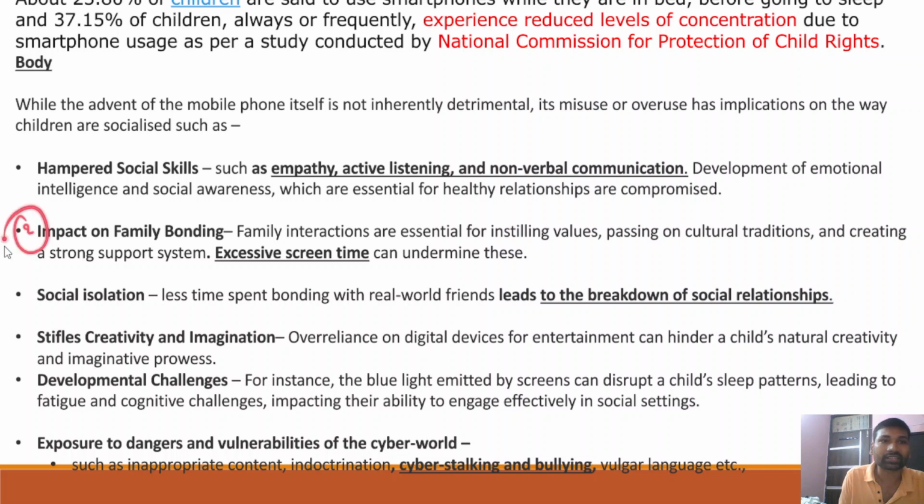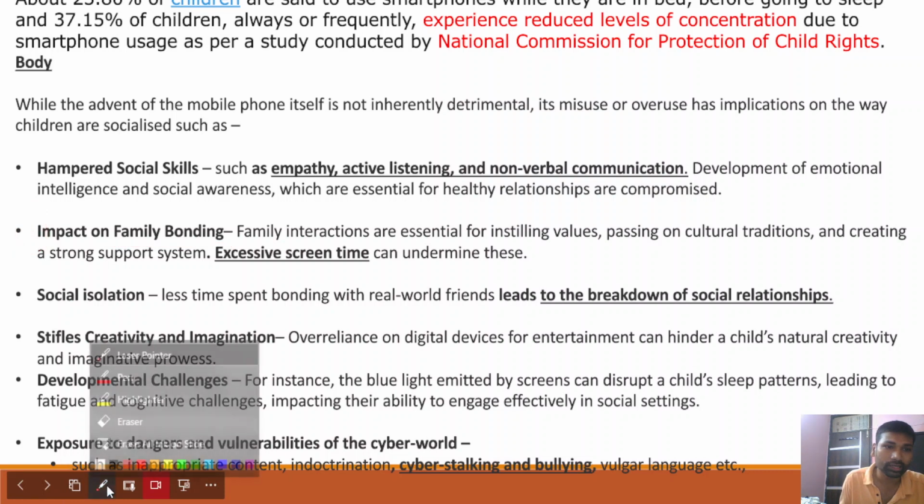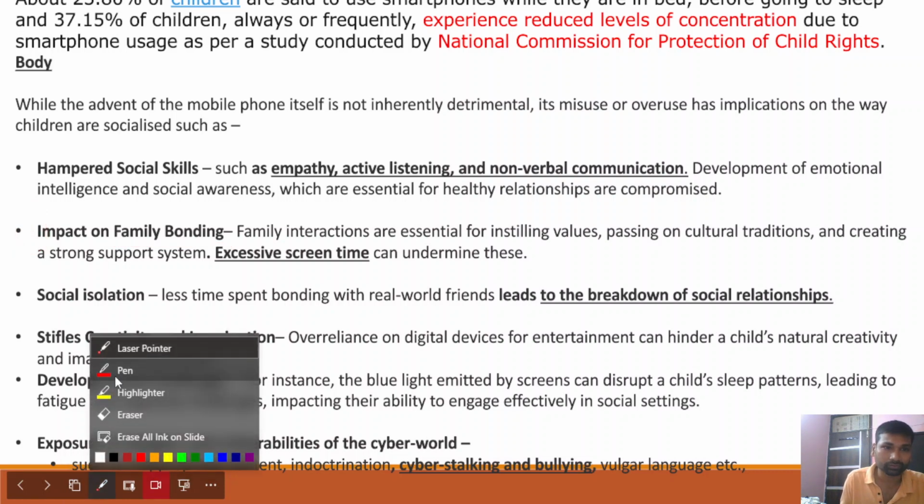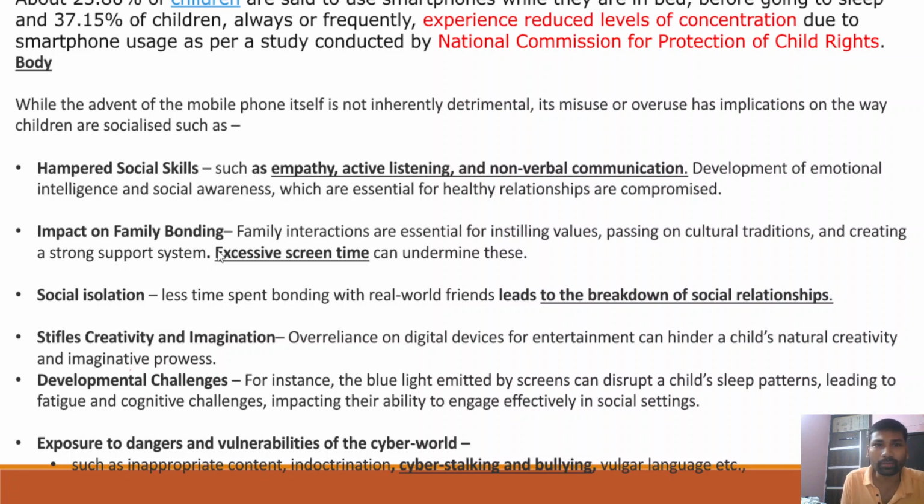Secondly, it impacts family bonding as well. This is also a very important aspect. How does it impact family bonding? Because family interactions are very essential for instilling values. Within a family, the process of socialization actually starts with the family. In the process of socialization, the family plays a role, school plays a role, society plays a role, and peers, other students, also play a very important and crucial role.